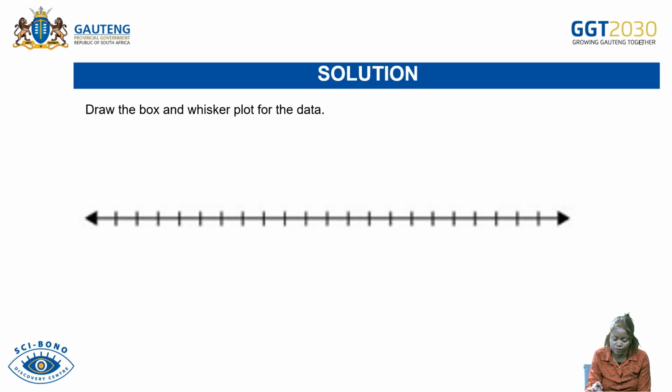Let's move on. Part B says draw the box and whisker plot for the data. Let's do our box and whisker. Let me use 2, 4, 6, 8, 10, 12, 14, 16, 18, 20, and 22, ne?